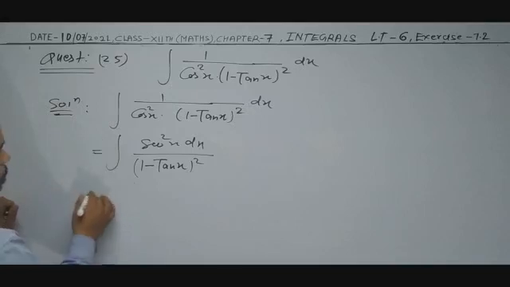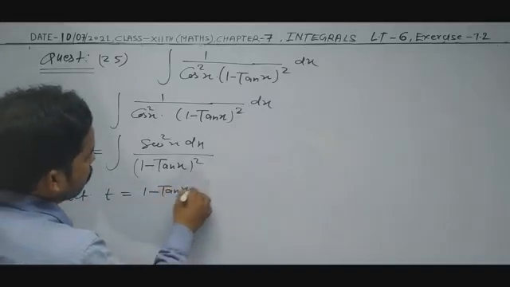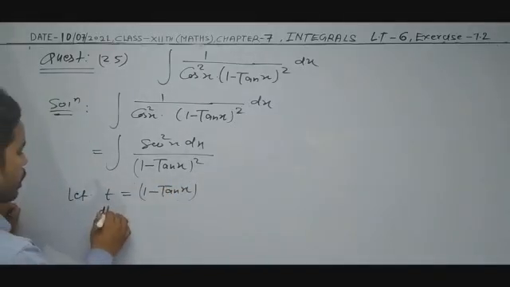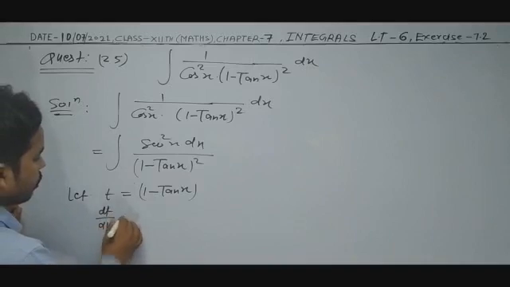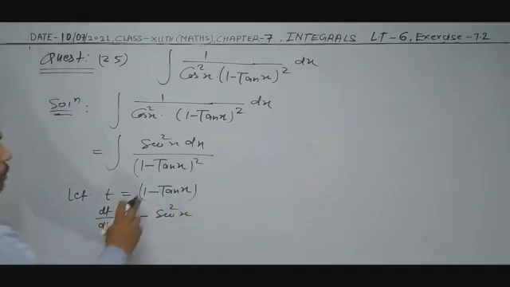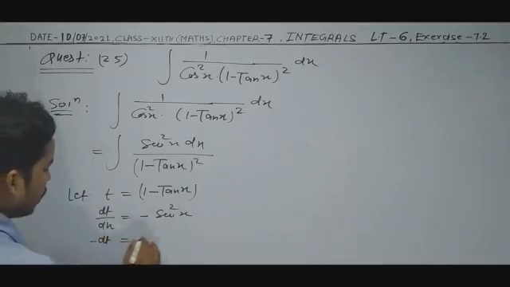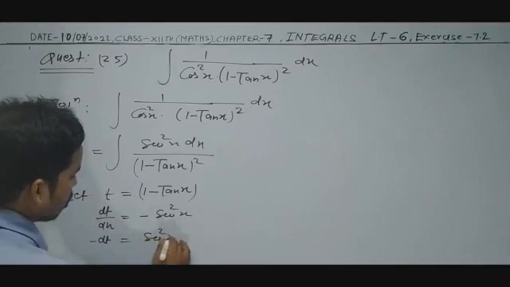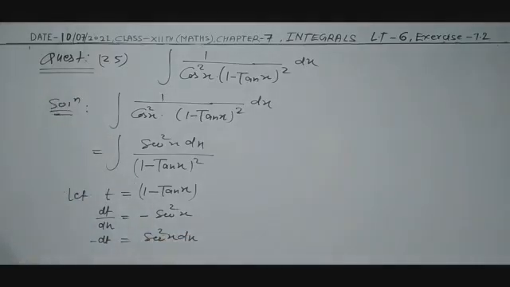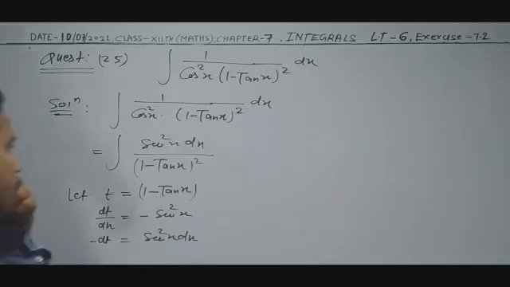So now let t is equal to 1 minus tan x. So dt by dx will be minus sec square x, because 1 differentiation is 0. So minus dt can be written as sec square x dx. So now sec square x dx you can convert to minus dt.